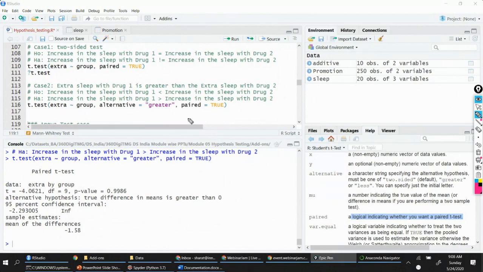So when you do subtraction, you get a negative value. That is what is shown here. So at 5% significance level or 95% confidence level, we are saying that drug 2 is better. Drug 2 is enhancing the sleeping patterns. This is your paired t-test.